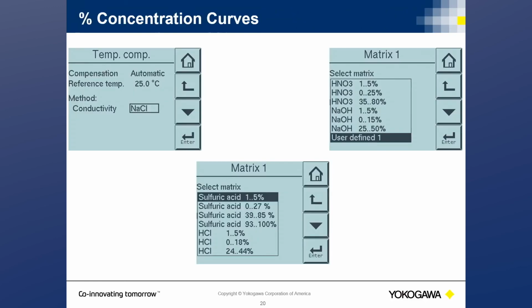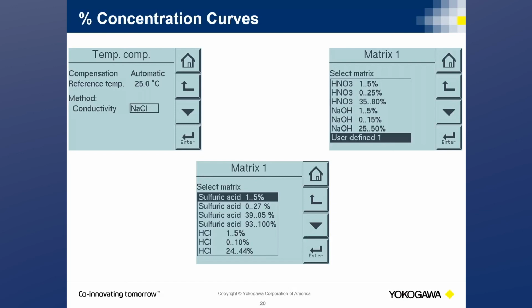Predefined temperature compensation tables are built into conductivity analyzers for the selection of the most commonly seen chemicals. So shown here is just an example of our ISC 450. It's defaulted to the sodium chloride curve, but you can also select sulfuric acid, HCl, sodium hydroxide. But in some applications, especially when we're looking at brine, you're not just using true sodium chloride, you're using a mixture.